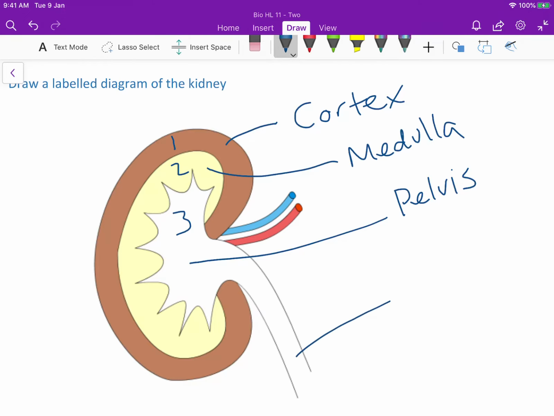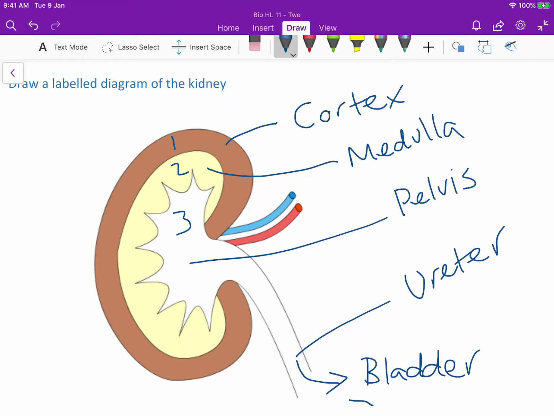And this is where the urine is actually formed. So we go down here, and the pelvis will lead to what's going to connect to the bladder, which is a ureter. So the ureter is going to go off to the bladder. And then it will go out through the urethra, which is where urine actually exits the body.